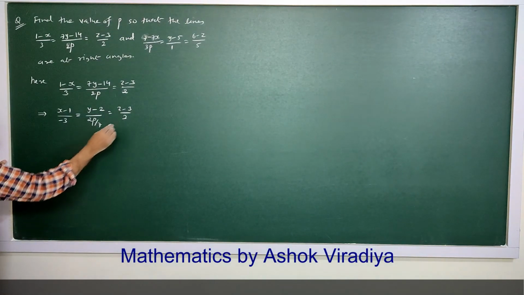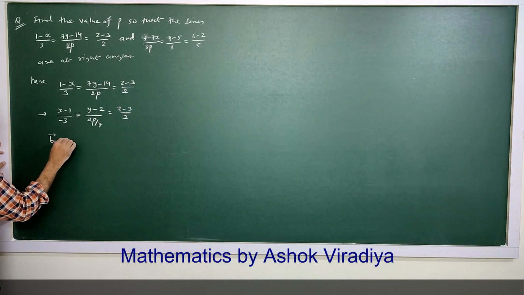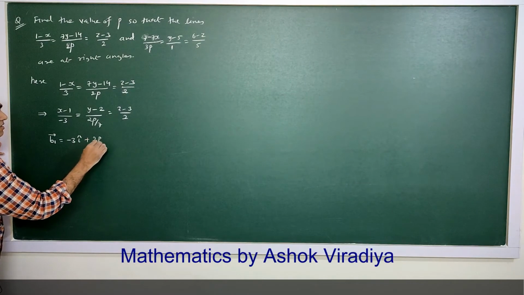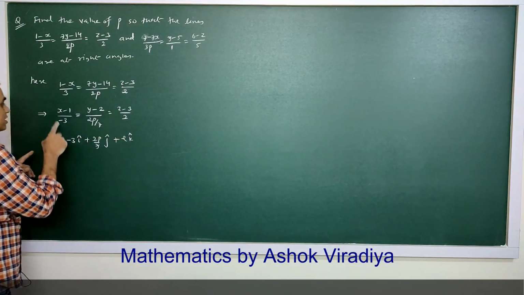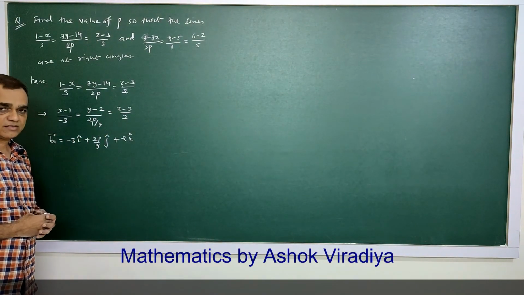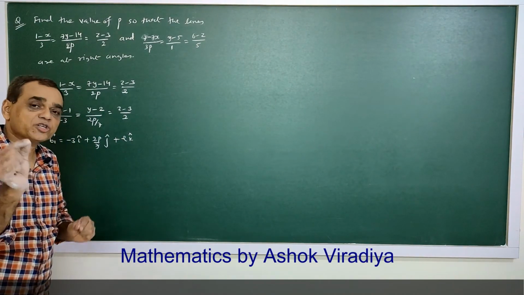So here we can see that vector B1 is minus 3i plus 2p by 7 times j plus 2k. This can be taken as vector B1, a vector parallel to this line. Or we can say these three numbers are direction ratios.